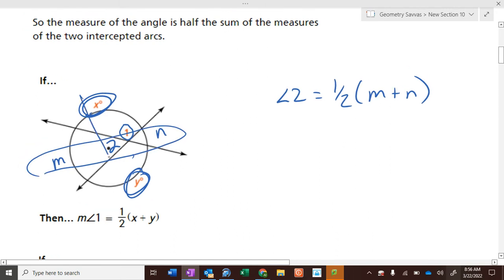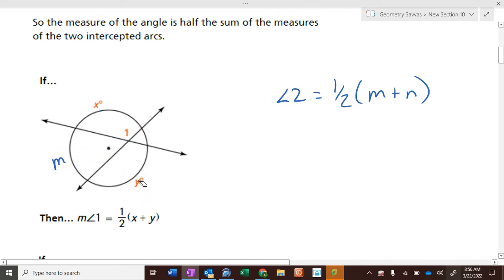These are in a line right here. So the arc that gets cut off by this angle is this arc and this arc. So what you do is you take 1/2 of these two arcs, add them together, and you get this angle.